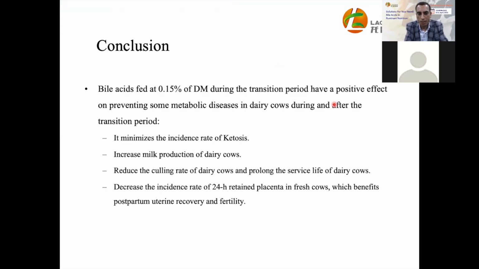So the conclusion of this study, based on the result of this experiment, is that bile acid supplied at 0.15% during the transition period, including close-up and the fresh period, positively affects animal performance and minimizes the incidence of some metabolic disorder diseases of dairy cows, like ketosis, and decreases the occurrence of fatty liver, improves milk production, and reduces the culling rate during the first 60 days of lactation, and also decreases the incidence of retained placenta during the fresh period.